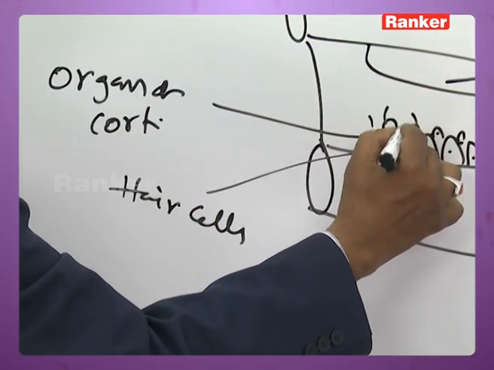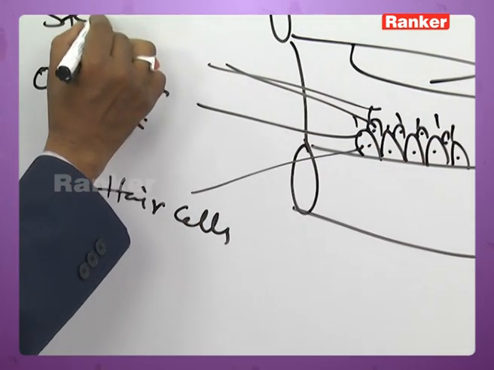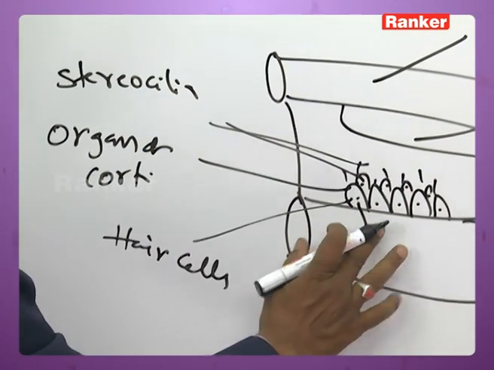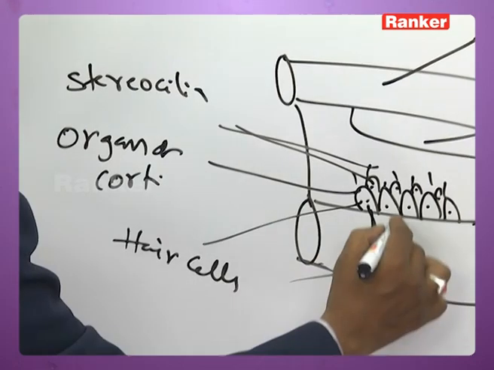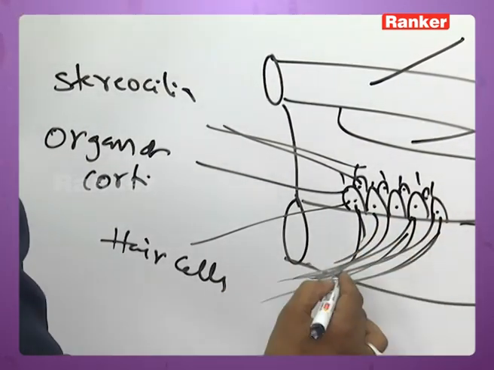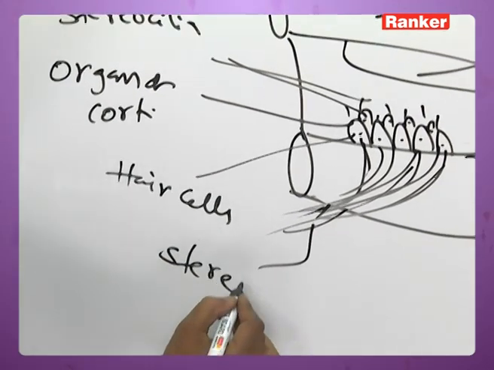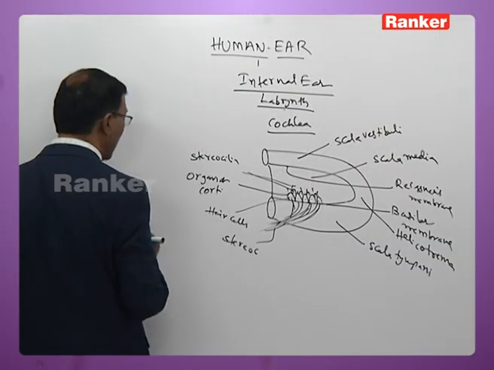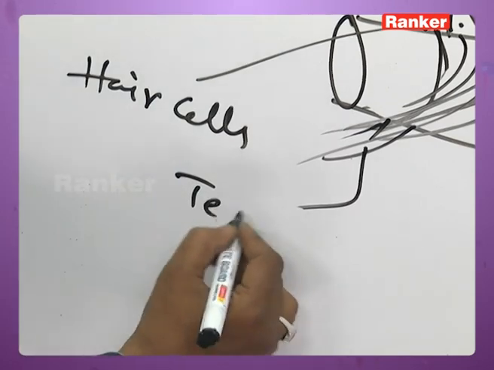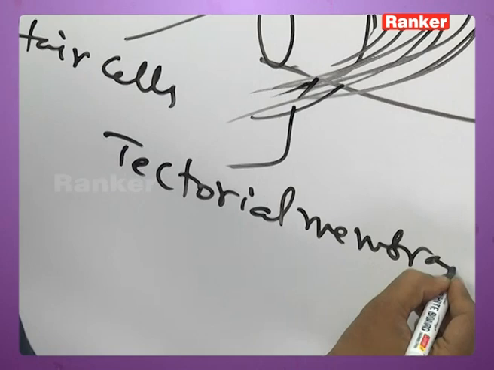The hair cells are provided with stereocilia, and towards the base, they have sensory hair-like structures collectively forming the tectorial membrane.